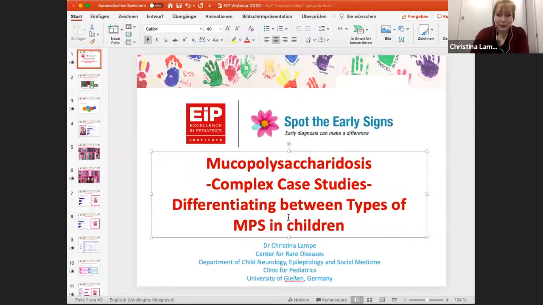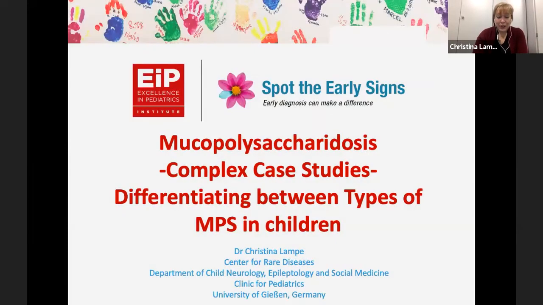Thank you for this great talk, Richard, and I will continue with another topic, which is MPSs, or mucopolysaccharidosis. I hope I can share my screen now to show you my presentation. We also have some dental disease complications in mucopolysaccharidosis, like widespread teeth, dental enamel defects, and gingival hyperplasia in our patients.